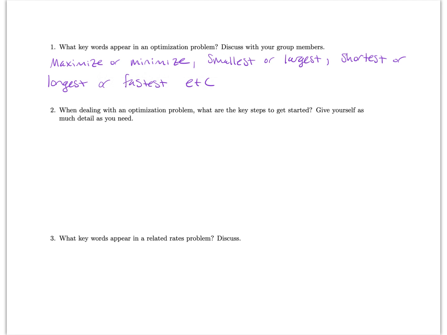Number two, when dealing with an optimization problem, what are the key steps to get started? We want to provide as much detail as we can. So we want to write an equation to optimize. And then you also are going to need to identify a constraint equation.